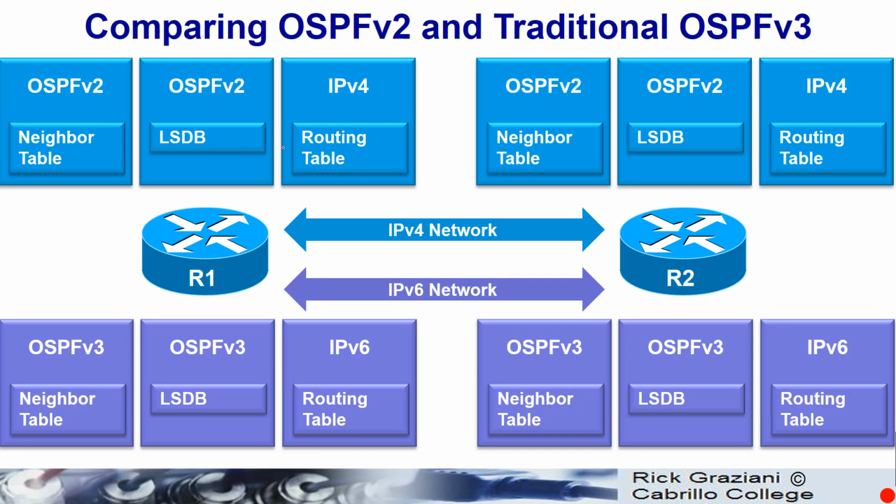Let's grab my pen. OSPFv2 has a neighbor table, a link state database, and a routing table. For OSPFv3, same thing. You're going to have a routing table, and these are managed and kept separate.